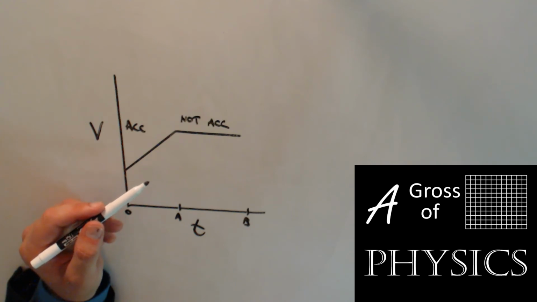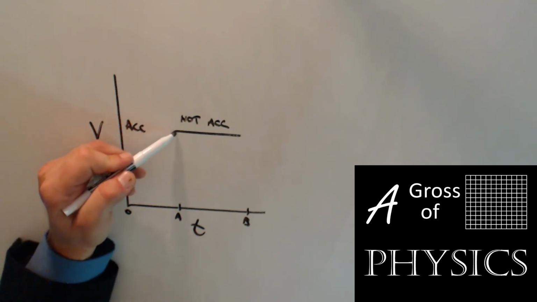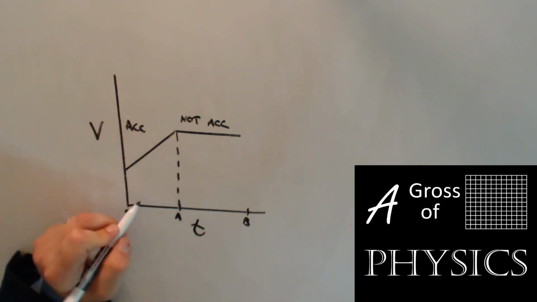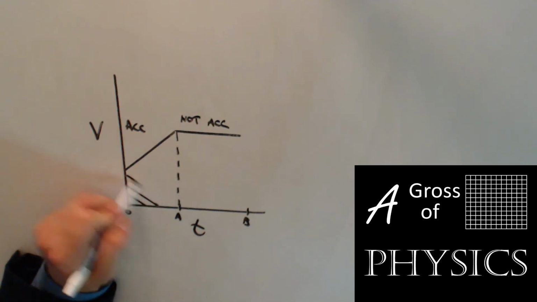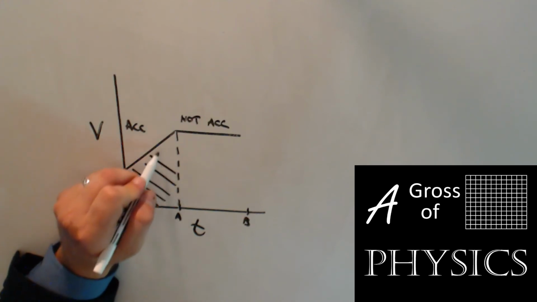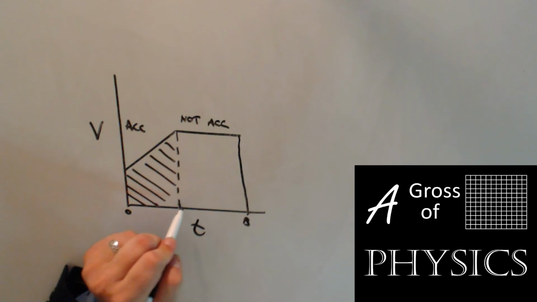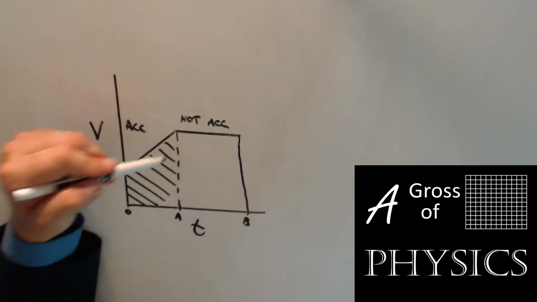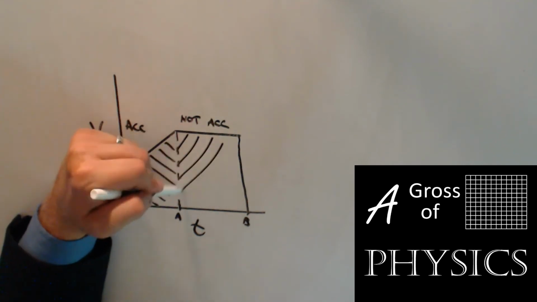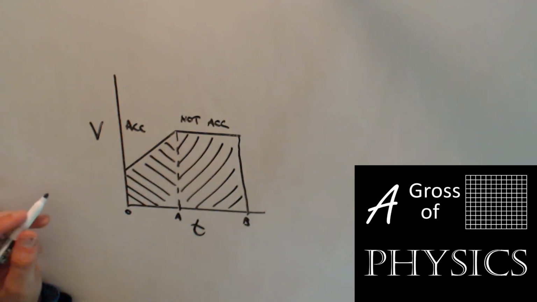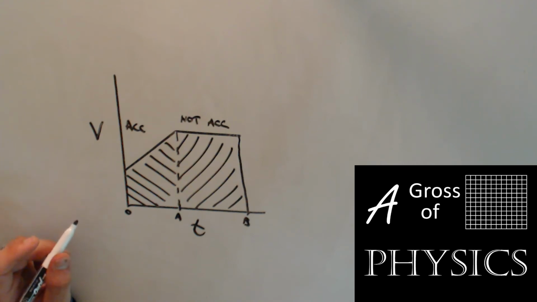But if we're looking for the area, that's going to represent, in this case, the shape here, which is a trapezoid. And then over here, it would represent, I'll just use a different direction for my lines, the rectangle. Now, the problem with the trapezoid is I don't remember what the equation is for the area of a trapezoid.